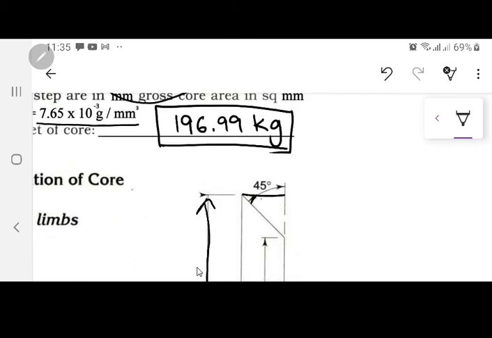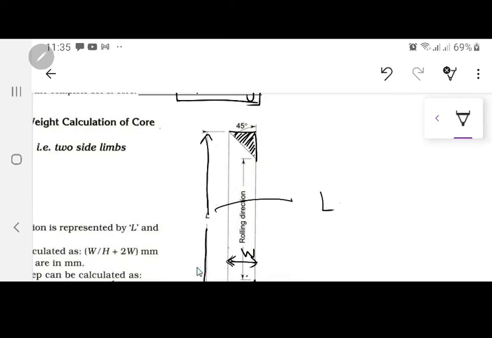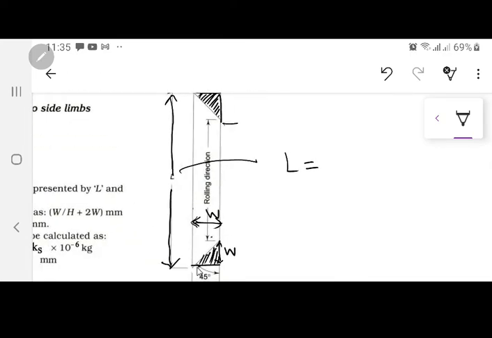and this triangle, this is going to be a triangle with a 45-degree angle. So when I want to find out L, it will be equal to this distance over here plus 2 times W. Agreed? Now what is this distance from here to here?